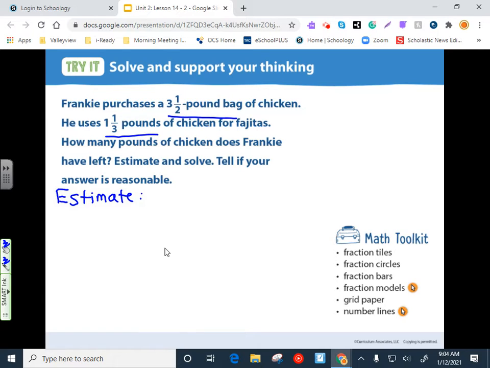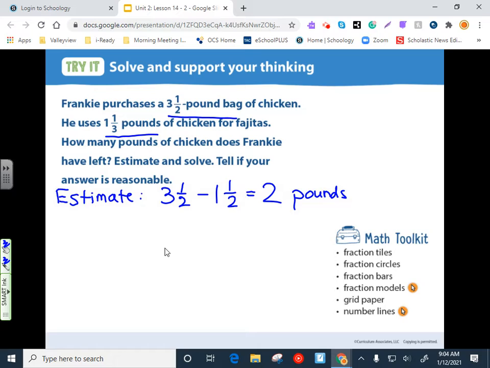So this is taking away from an amount, so it's subtraction. So I'm going to make my numbers real easy. Since you have all the control in estimating, you're the one that decides what they are. So I've got 3 1/2. How about I change 1 1/3 to 1 1/2? And if I subtract those, I know 3 minus 1 is 2, and 1/2 minus 1/2 is 0. So it would be 2 pounds of chicken left. So there's the estimate.